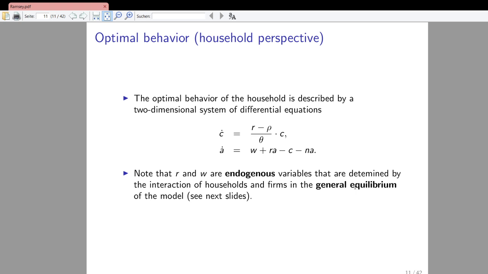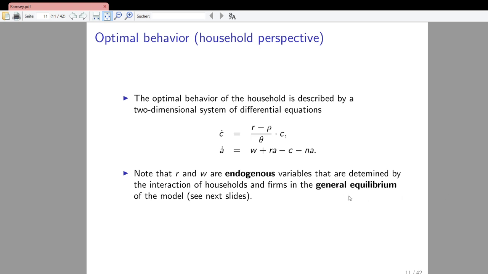Now, in contrast to the example that we had when we talked about dynamic optimization, the interest rate and the wage rate are now endogenous variables that are determined in the general equilibrium by the interaction between optimal behavior of households and optimal behavior of firms.